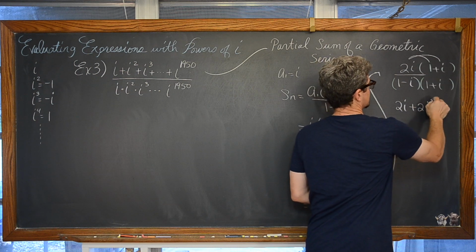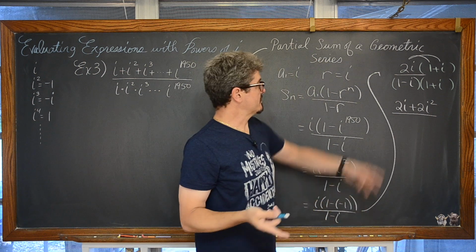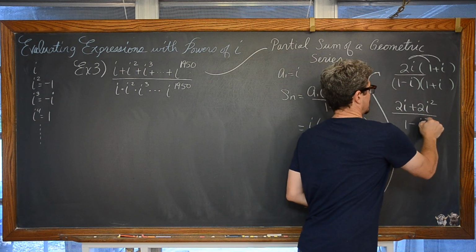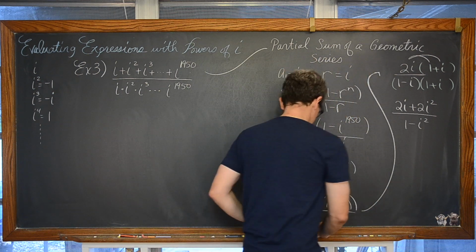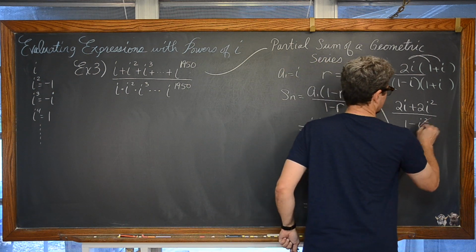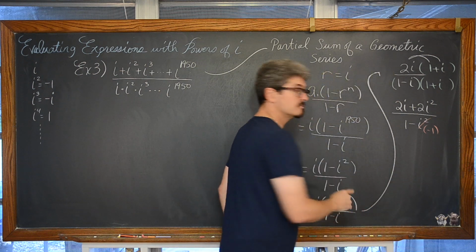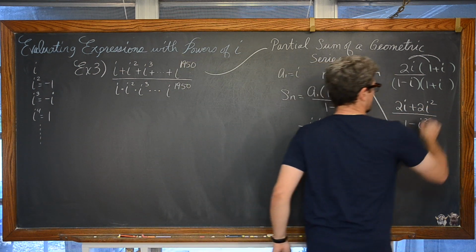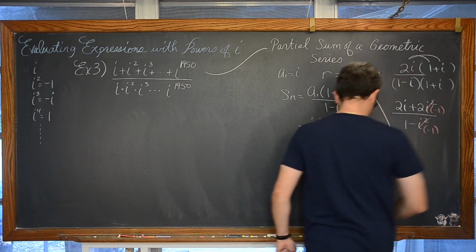plus 2i squared over, and we have a difference of squares pattern here, we have 1 minus i squared, which of course is 1 minus negative 1, or 2. And here we also have another i squared, which we know now is equal to negative 1.